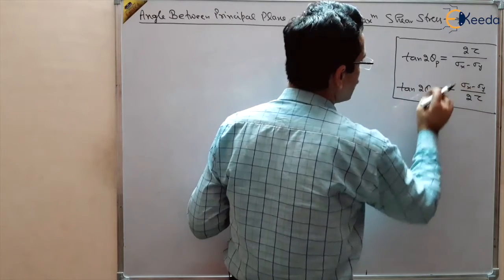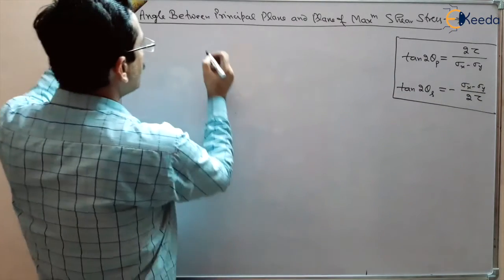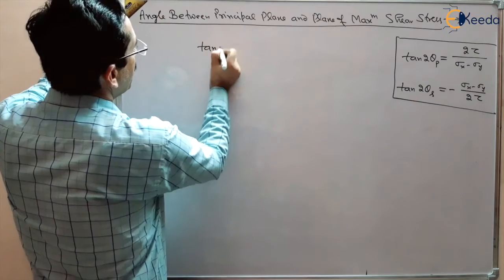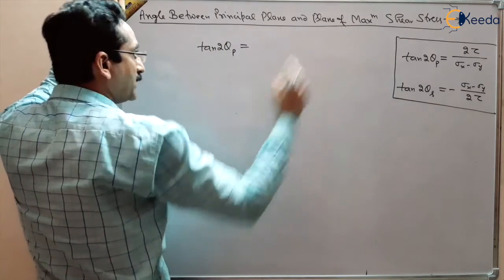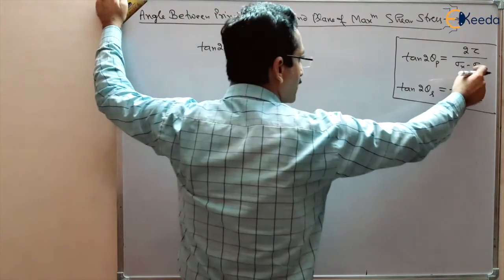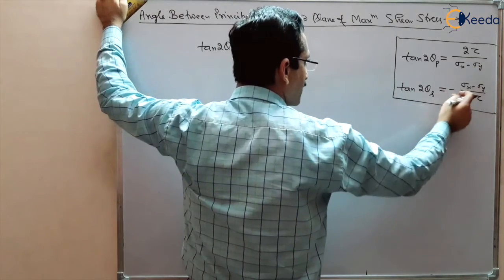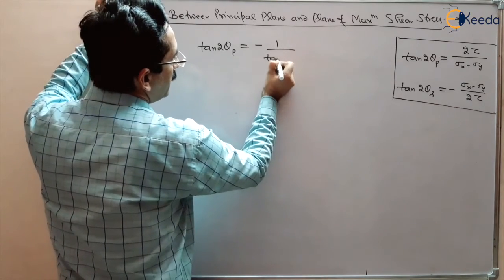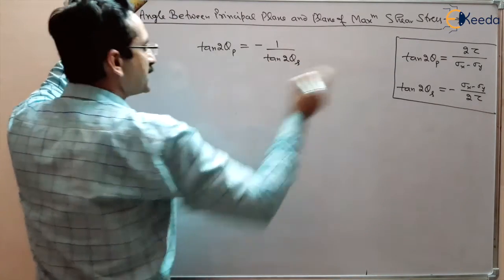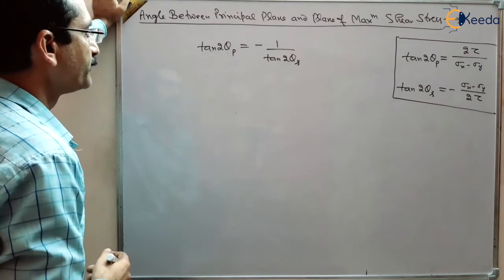What is that relation? You can see here tan 2 theta p, from this equation, is 2 tau by (sigma x minus sigma y), and it is just the reverse with a negative sign, equal to minus 1 by tan 2 theta s. This is the relation between the two. It can be seen easily, right?